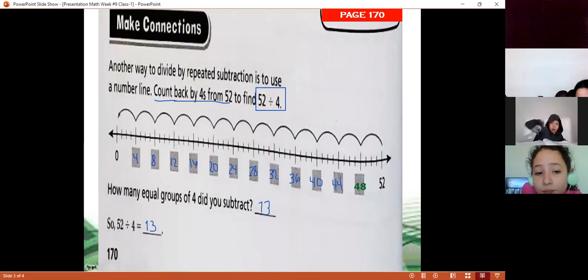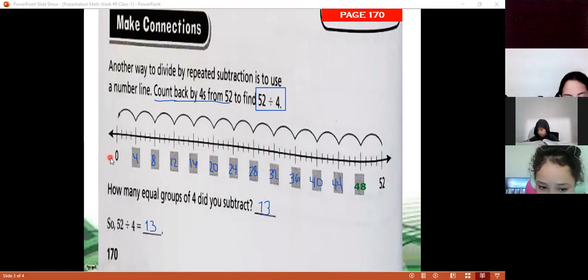How can we know if this answer, 13, is correct, class? Because we get from 52, that is our big number, the dividend, until we reach 0. If you can reach 0 evenly, you know that it's correct, and that is the end of the division.